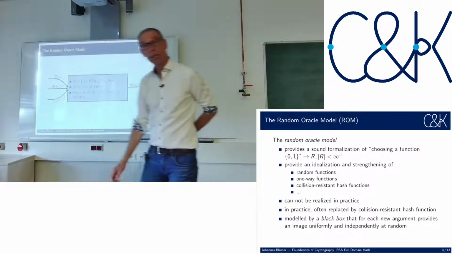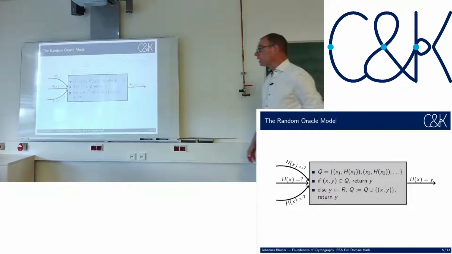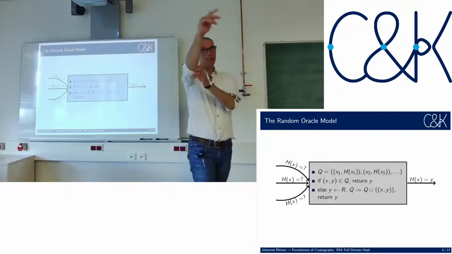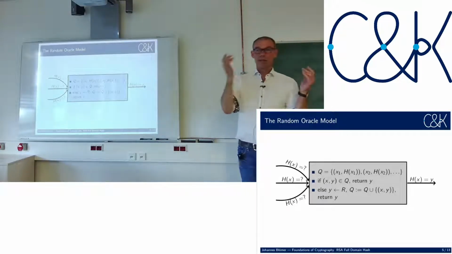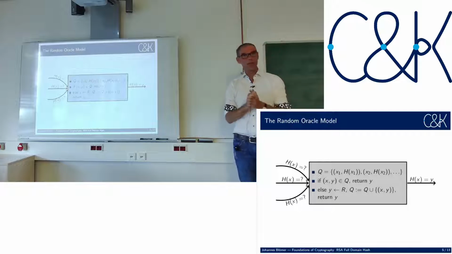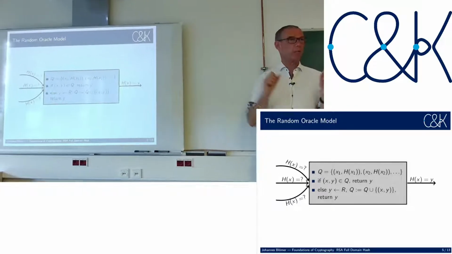As a picture, we often view it as follows. Here we have this trusted party that sits inside a black box. And all participants playing, for example, a game or participating in a game in an experiment have access or can query this black box.